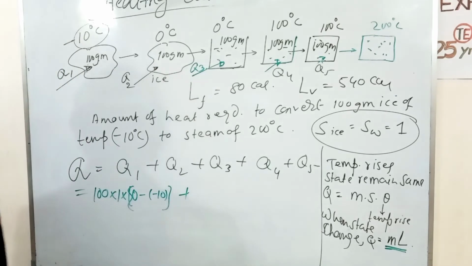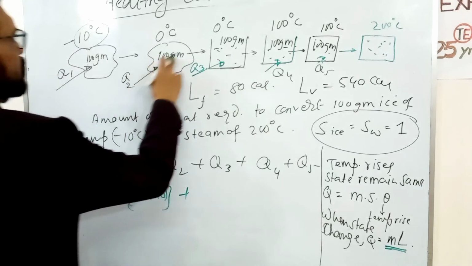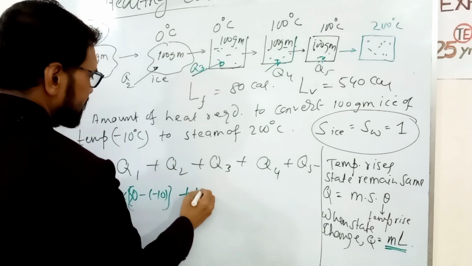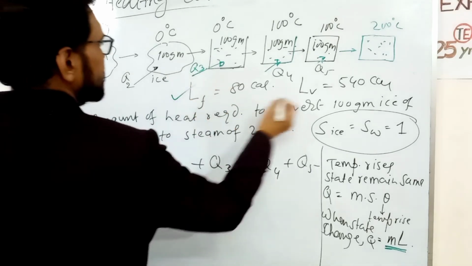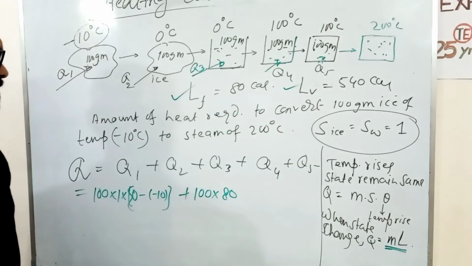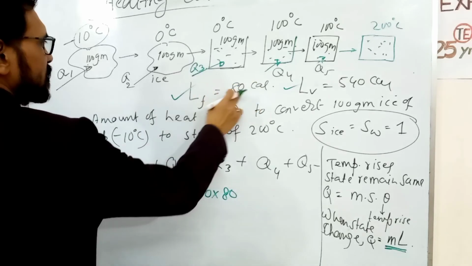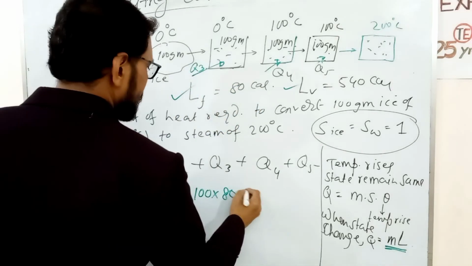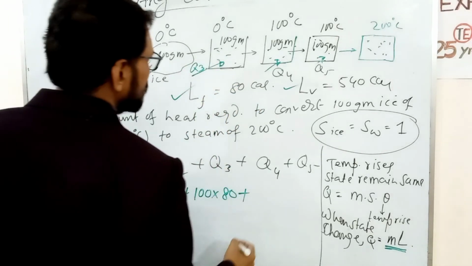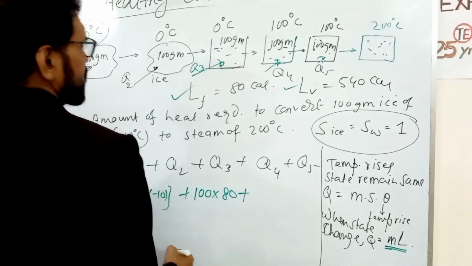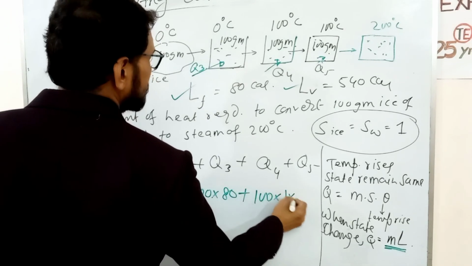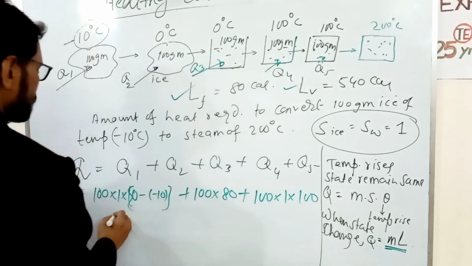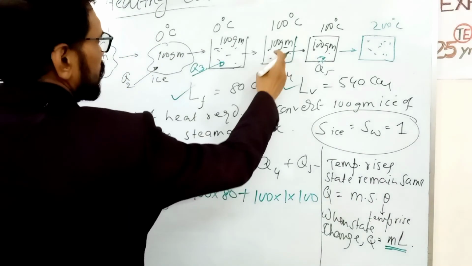Now Q2, what is Q2? Q2 equals mass into latent heat: mass 100 into latent heat of fusion 80, so 100 into 80. Plus Q3, what is Q3? Q3 equals m s theta: mass, specific heat of water 1, into temperature rise 100. Plus Q4, what is Q4?